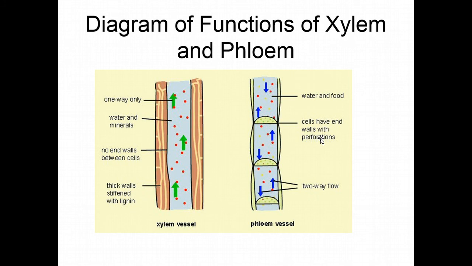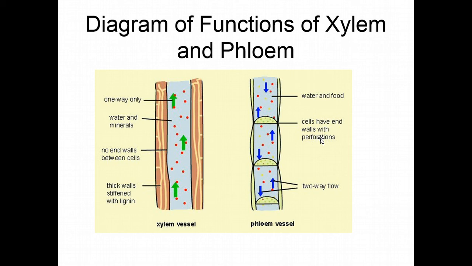And I want to sum up the major functions of these two tissue types, because you're going to see them again and again and again. Xylem moves water and minerals up the plant, and may move some minerals down. That may be possible too. But primarily it's moving water from the base to the top of the plant, and it just carries the minerals with it. There's no transport.